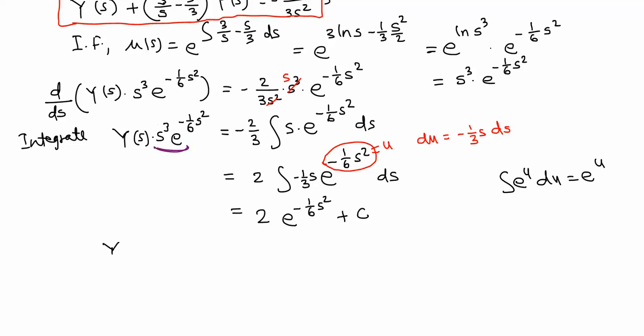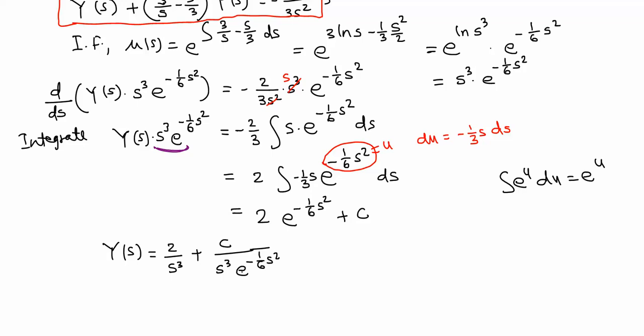Then we get y(s) equals 2 over s cubed, when we divide, this cancels, plus c over everything, s cubed e to the negative 1/6 s squared.